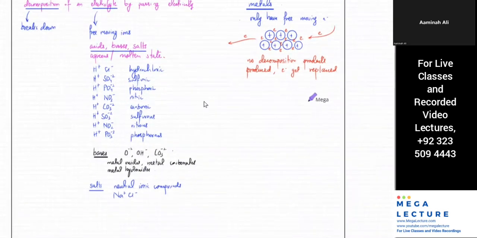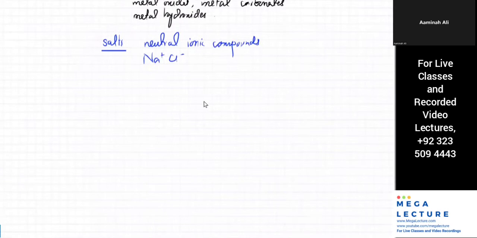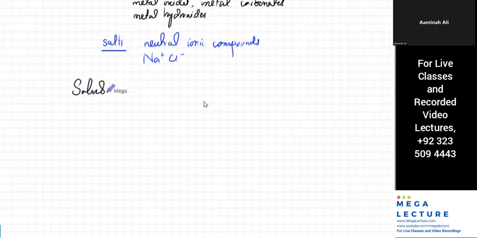So how do you know whether something is aqueous? Do you know what the solubility table is? Yes, sir. Okay, so you must remember the solubility, because if something does not dissolve, it won't have free moving ions. So what's the solubility table?